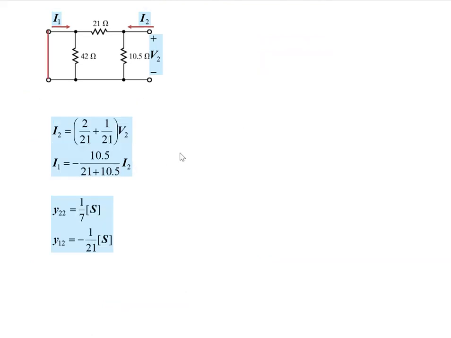So we already have this thing solved on the second side, and what we are doing is first saying that minus I1 is a part of I2 called I2 dash.